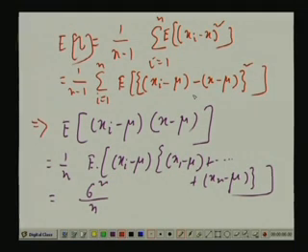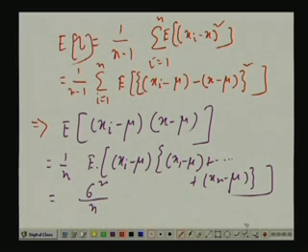Now, here there will be one term, the expected value of (x_i minus mu) whole square, which will give us the variance of x_i, which is sigma square, you know. Similarly, another term will be the expected value of (x̄ minus mu) whole square, which is the variance of x̄. We have already seen that the variance of x̄ also is sigma square by n, and there is a cross term, twice the expected value of (x_i minus mu)(x̄ minus mu). That is the covariance between x_i and x̄, which is also sigma square by n, as we have just now seen.